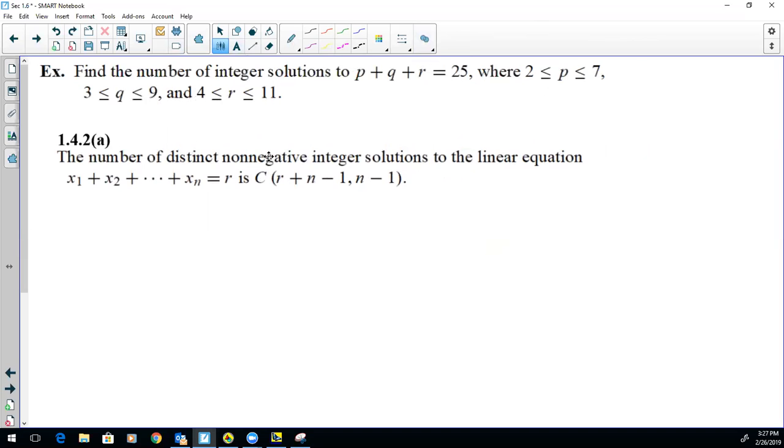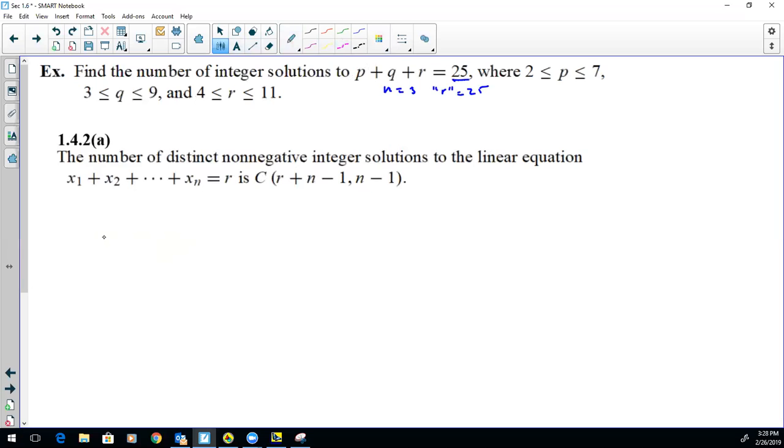It said the number of distinct non-negative integer solutions to this sort of linear equation, where we have n variables, and r is, well, I shouldn't have used p, q, and r here, but r is this guy here, the sum, is C of r plus n minus 1, n minus 1. So in this case, n equals 3 and r is 25.